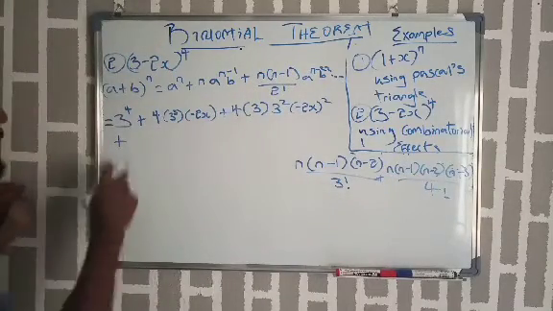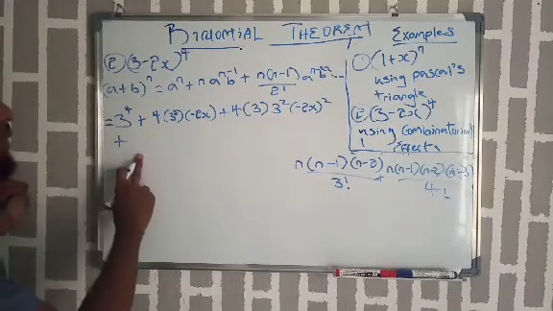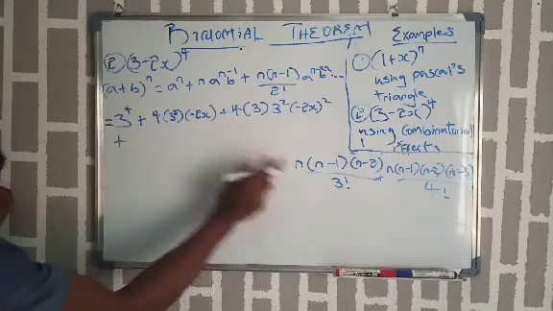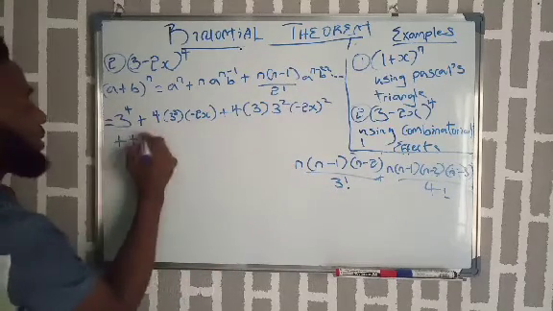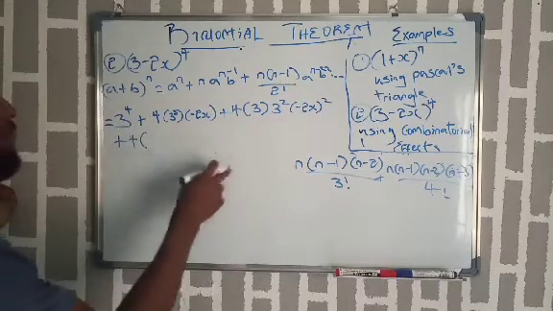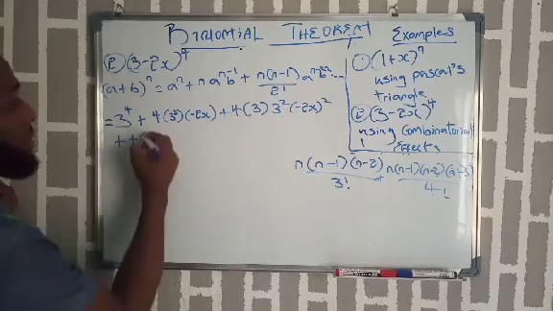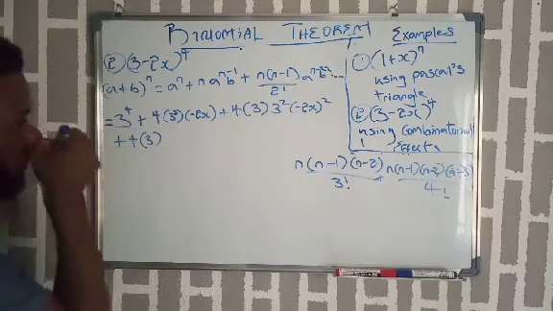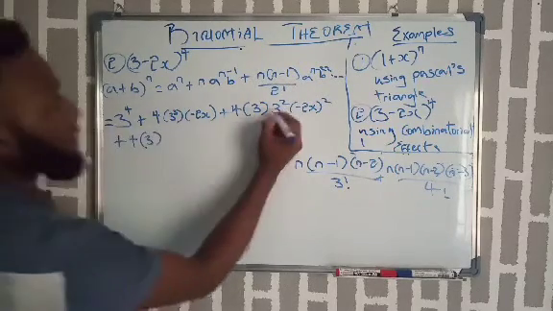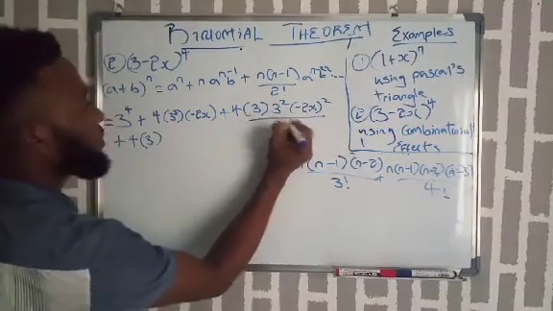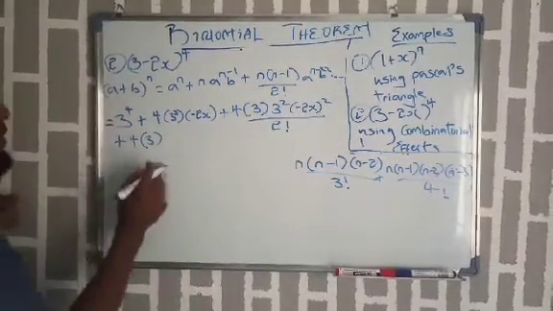So now the next one becomes this, which remains over 2 factorial.